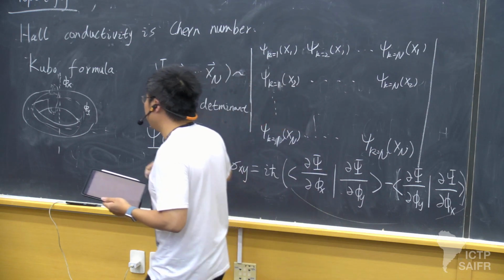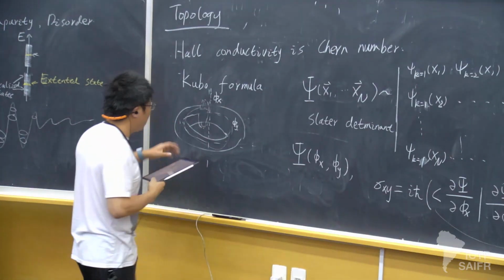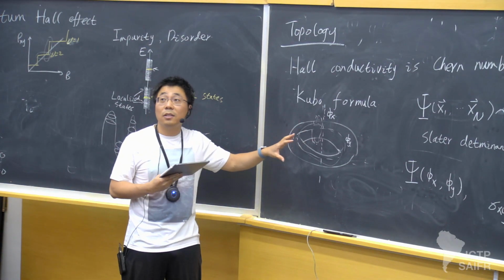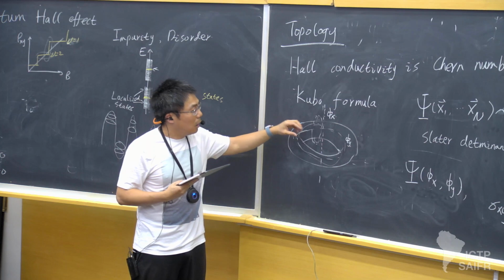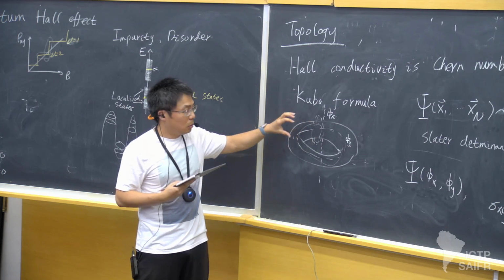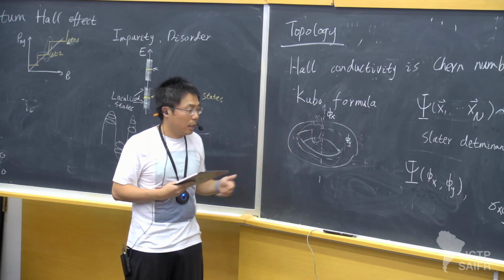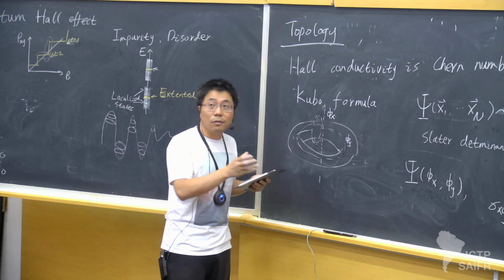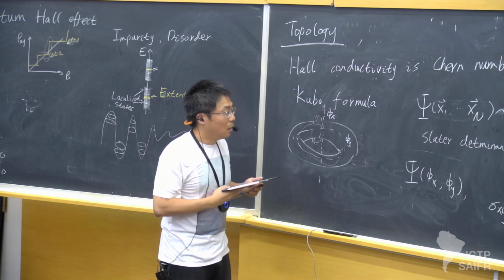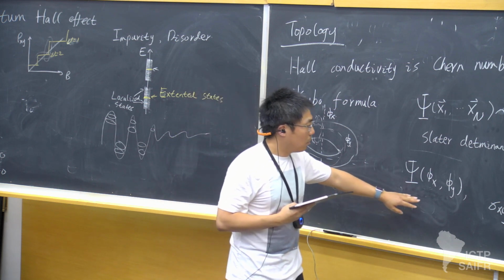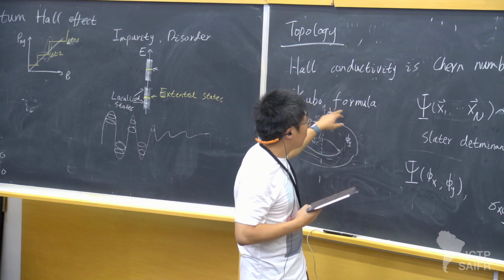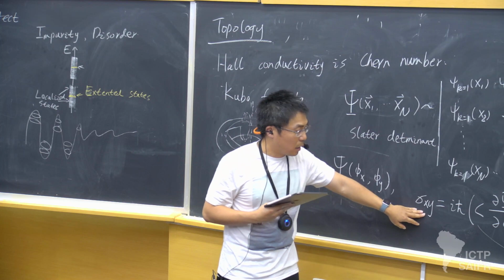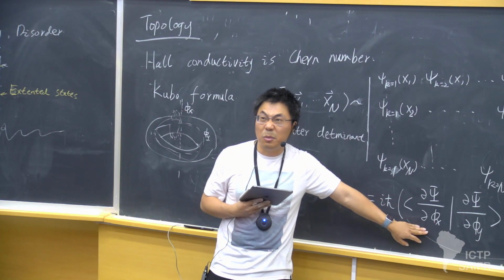So the idea is that here we consider this setup, right? I have my Hamiltonian defined on a torus, and then I can add two fluxes in two different directions in the torus, right? I get a new Hamiltonian that depends on phi x and phi y. And then using this setup, I can make use of the so-called Kubo formula to rewrite my conductivity as this formula.